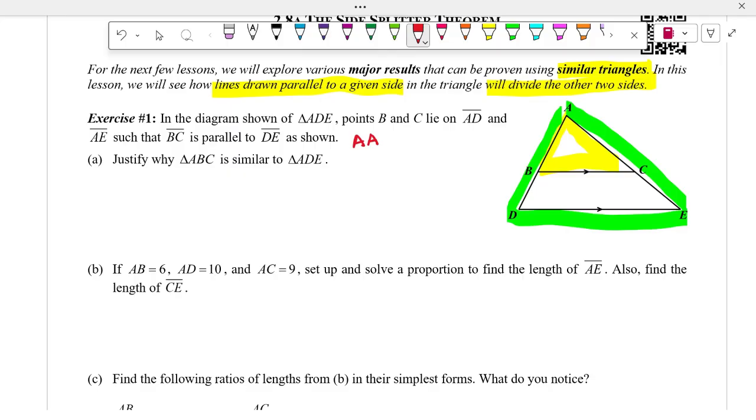Now, the way we can do that is because they stated that BC is parallel to DE, which they marked with these little arrows right here. So, based off of what we know about parallel lines, as well as some of the other properties we talked about, what is one set of congruent angles between the two triangles? Abigail.